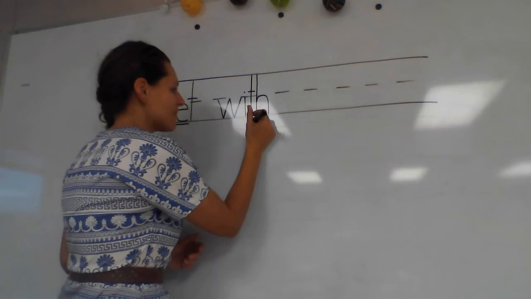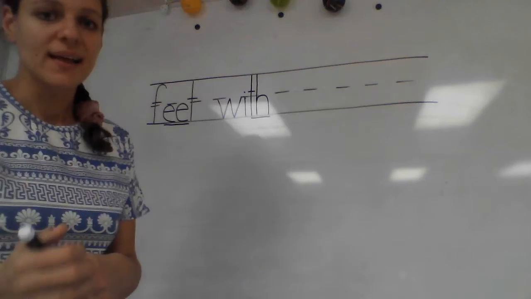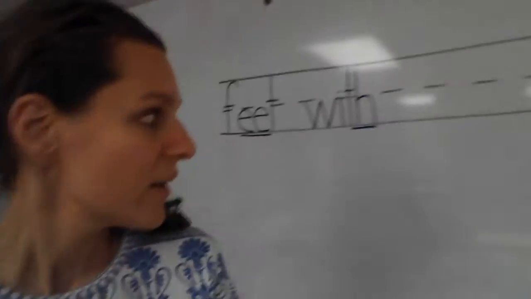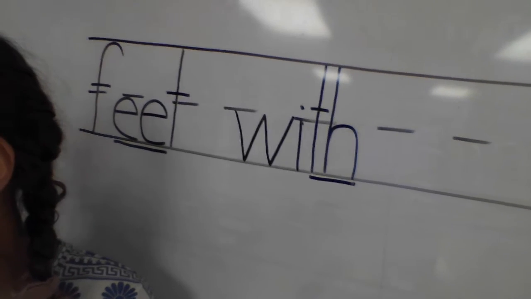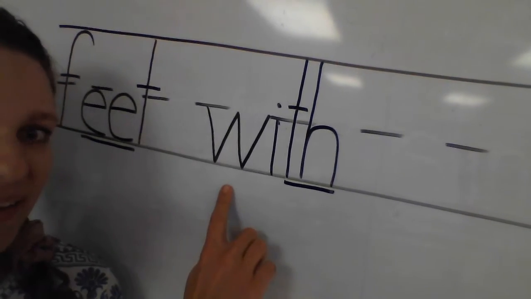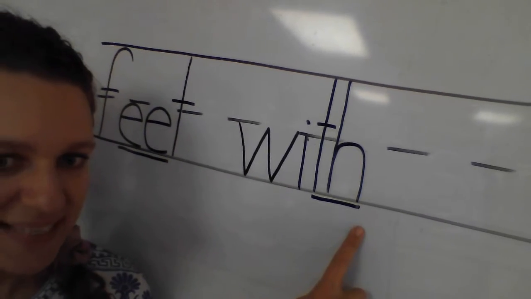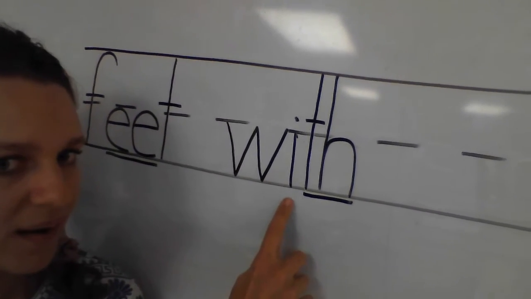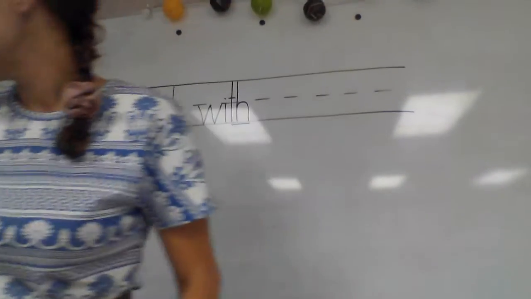I'll just mark it and then I'll bring it up so you can see it. Because anytime we have a two or more letter phonogram, we always underline it. All right, class, let's read our word. Excellent. With.